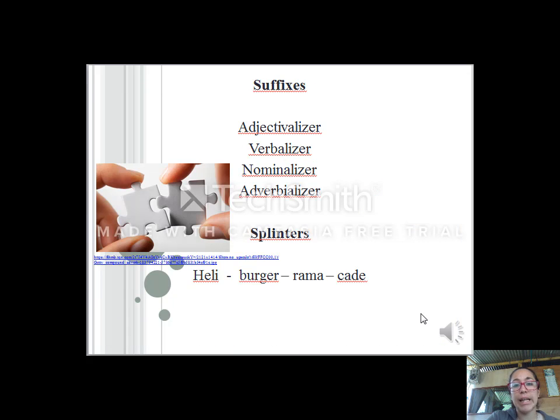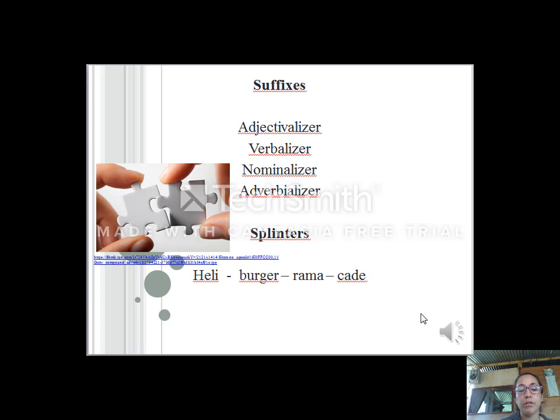Suffixes. Unlike the prefixes, the suffixes are found at the end of the word and have the same function to build new words. And there are four types of suffixes: adjectivalizer, verbalizer, nominalizer, adverbializer.